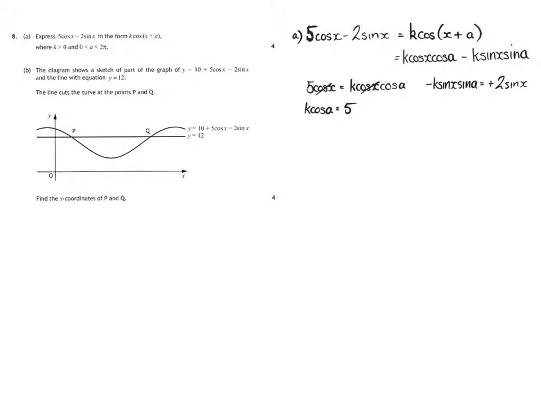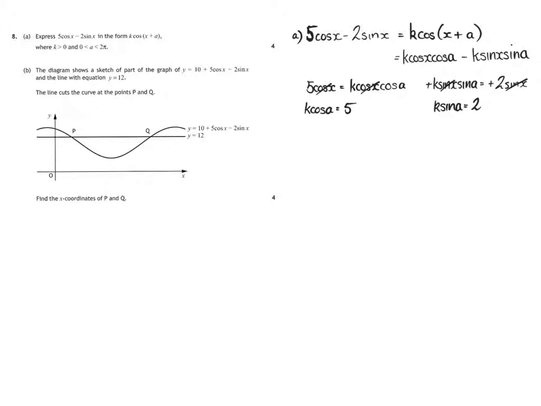So we can both make them positive, and we can get rid of our signs. So we're going to get k sin a equals 2. Right, so you as well there, you need to explicitly state that k cos a is 5 and k sin a is 2. You can't just show it in your working. You need to actually have it written specifically down as its own thing.